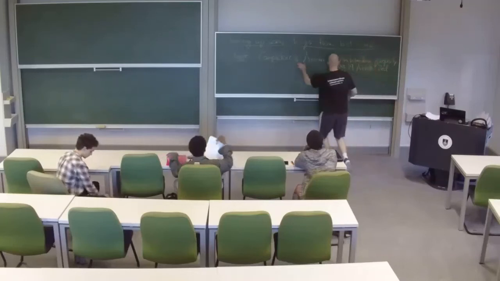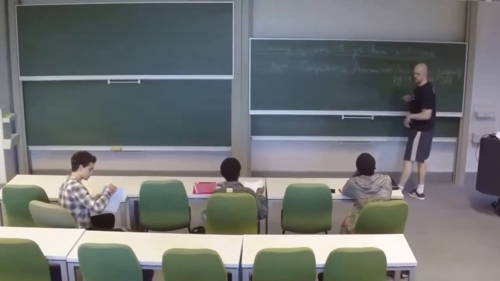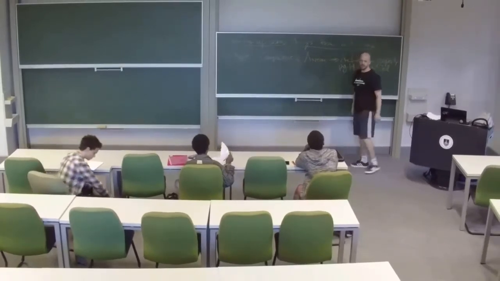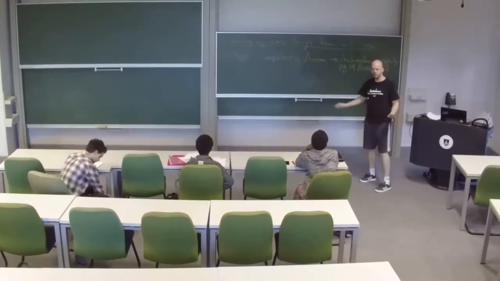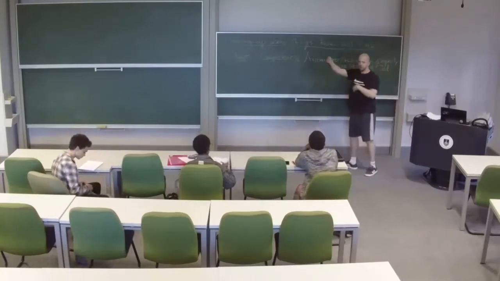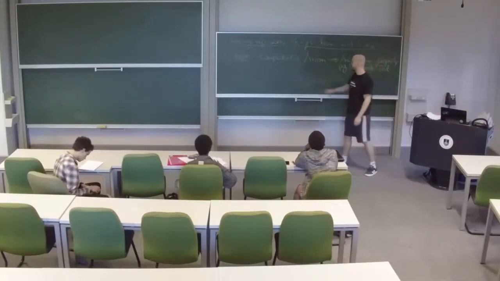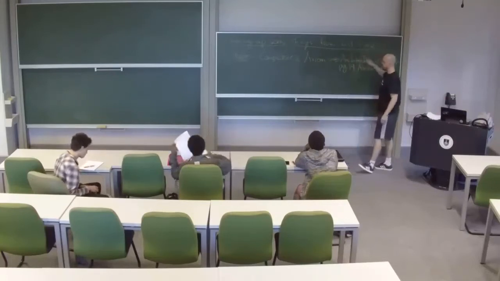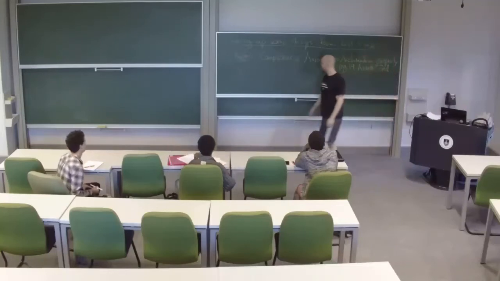Do you need this? Could you get the implication this way? What would you have to add on this side to get an equivalence? But we're not really going to focus on that. I just wanted to emphasize that it's not a long list of random axioms. We really just take this one and then we get this one as a consequence. But you see that we do use this one all the time.